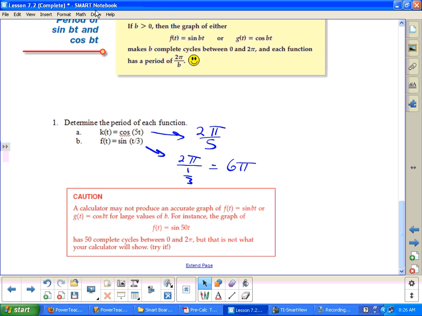Now here's this caution down here. It says the calculator may not produce an accurate graph for large values of b. So go ahead and type in sine of 50t and change your window back from 0 to 2 pi.